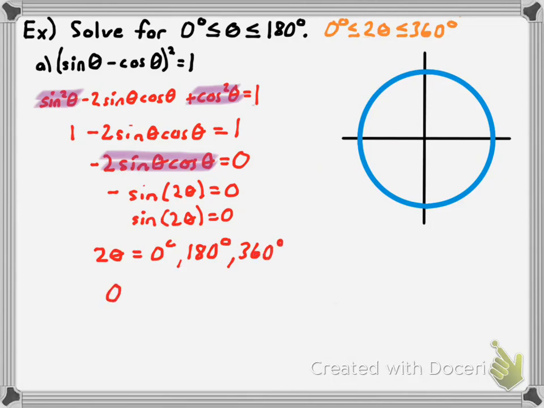And now that we know what 2 theta is equal to, we can just go ahead and divide everything by 2, and that'll give us 0 degrees, 90 degrees, and 180 degrees as the 3 solutions to our equation that are between 0 and 180 degrees. All right, really cool how you can look for trig identities to help you make a trig equation easier to solve. All right, let's look at another one.